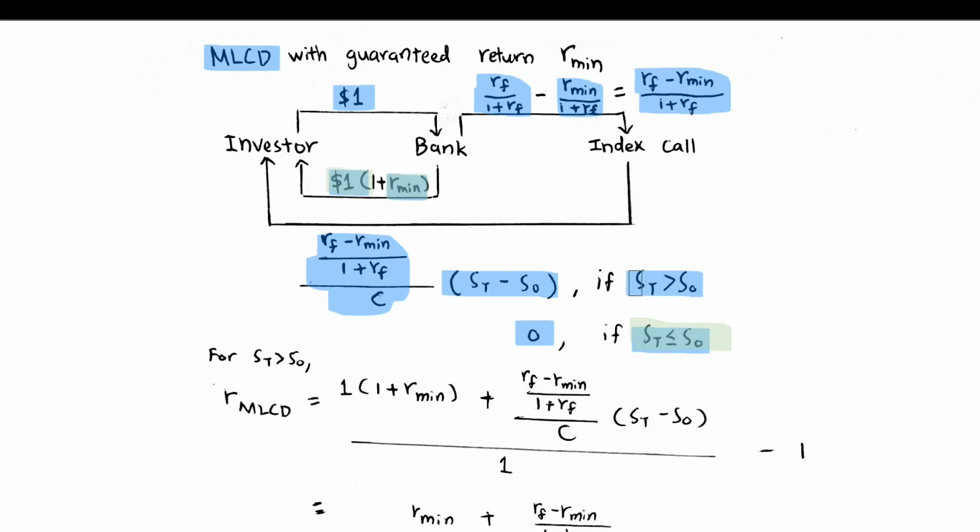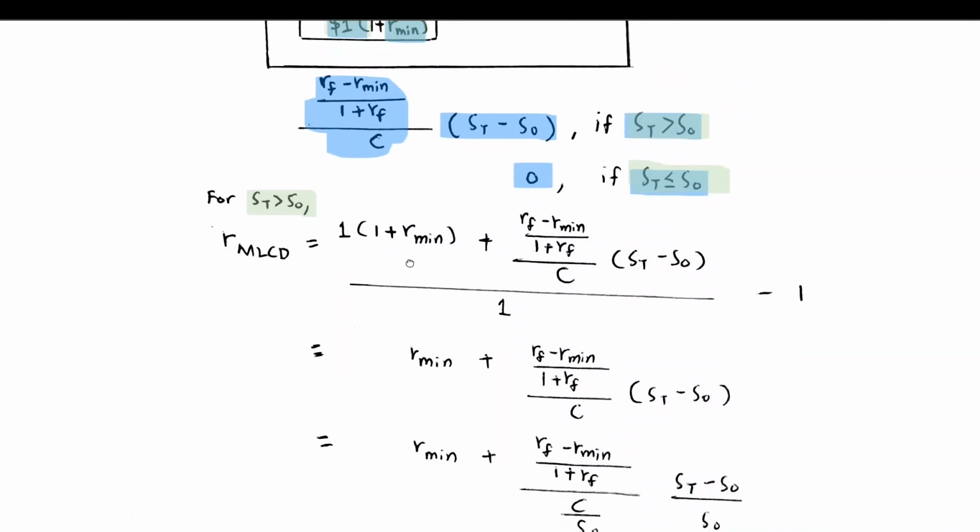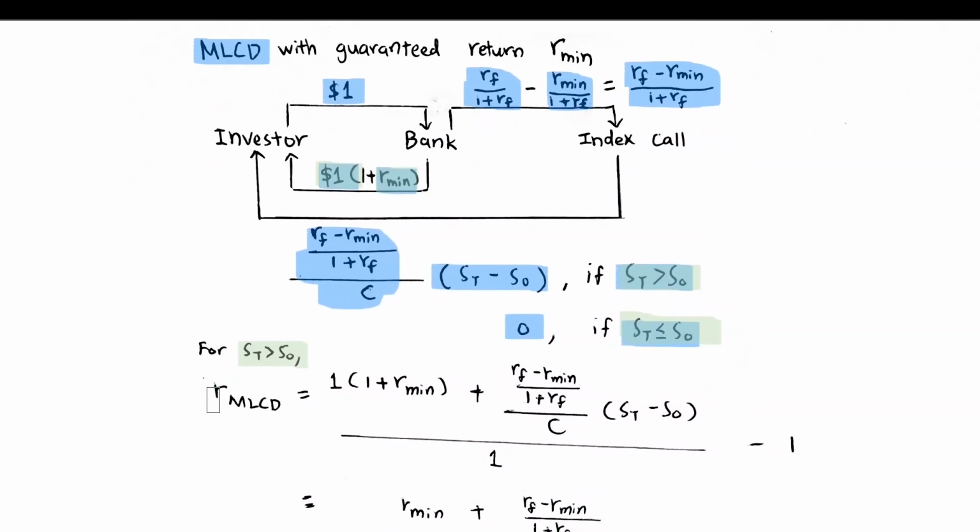And let's consider a case when there is an increase in the stock price. The rate of return of the MLCD in this case is the amount of money from the bank and also the amount the investor gets from the index call.